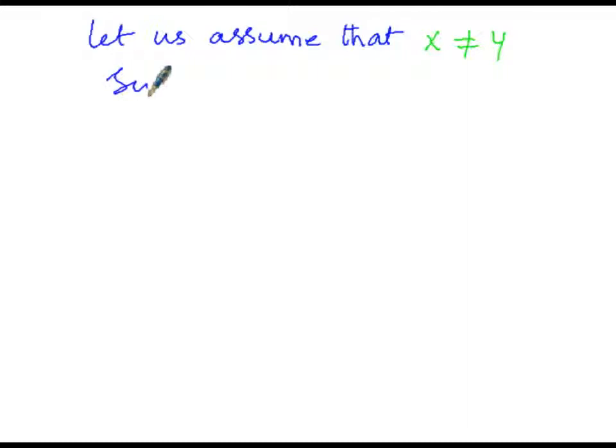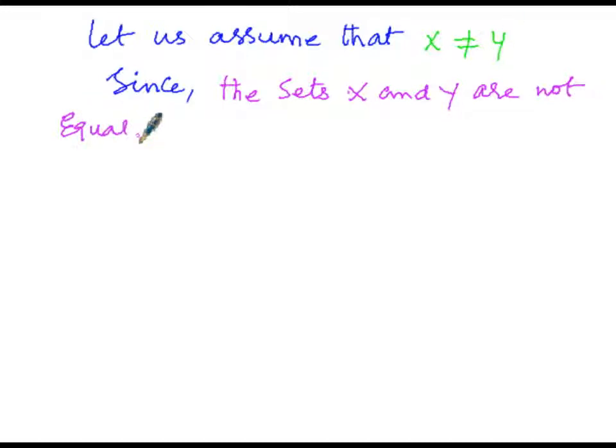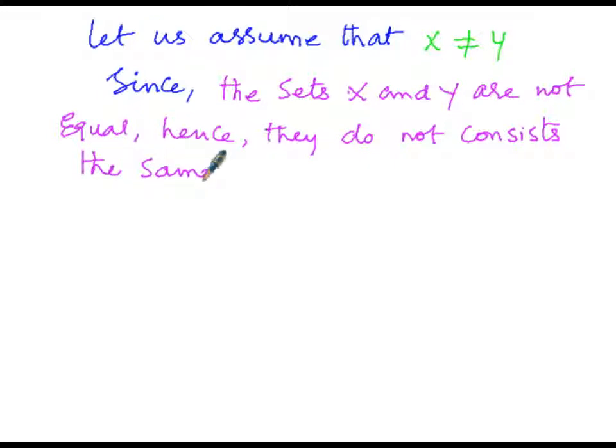So here, since the sets X and Y are not equal according to our assumption, they do not consist of the same elements. Our assumption is set X is not equal to set Y, therefore they do not contain the same elements.